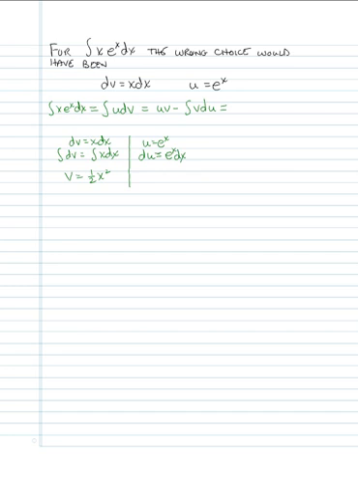So I'm going to write the v first, 1/2 x squared, and our u, e to the x. And then we have minus an integral, and this time our integral is v, 1/2 x squared, times du, if you will, which is e to the x dx.